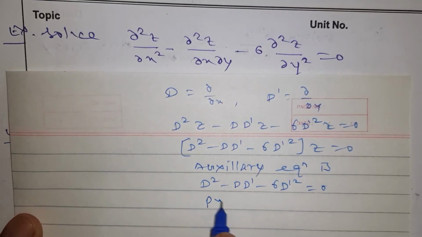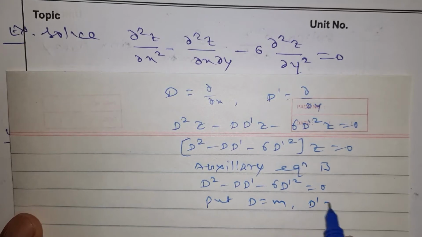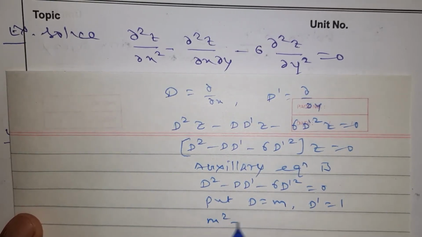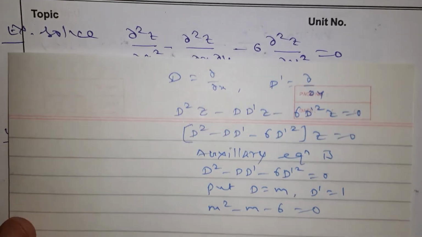Now put D = m and D' = 1. So we get m² − m − 6 = 0. Understood? m² − m, and here 1, so minus 6 equal to 0. What are the roots here?